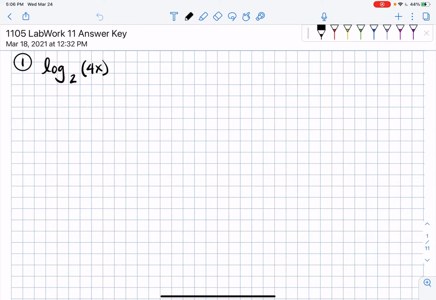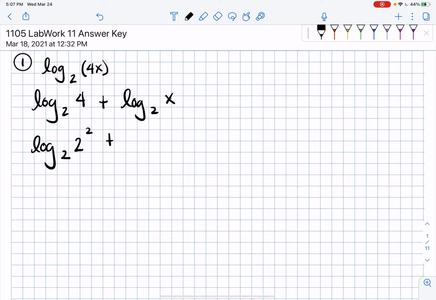So I have log base 2 of 4 plus the log base 2 of x. Now, I can write the 4 as a base of 2. So I can do log base 2 of 2 squared plus log base 2 of x.